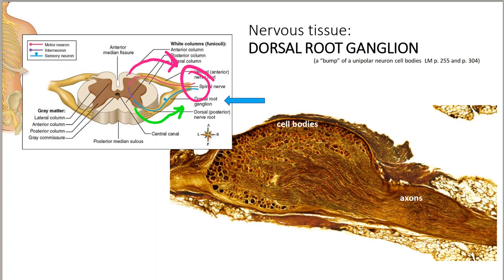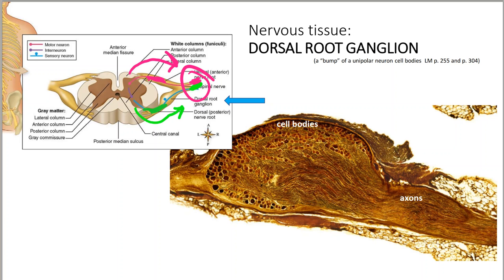Eventually, they join together out here, so we're going to have both of these colors together out there. But before that joining happens, we have an anterior root, which is the pink one, and we have a posterior or dorsal root, which is the green one back there, okay?